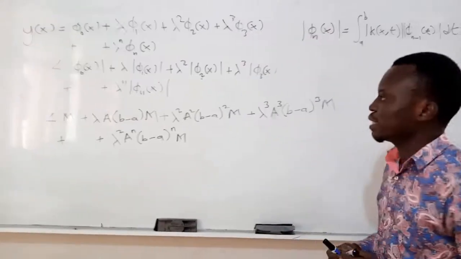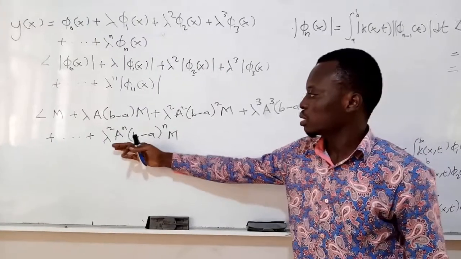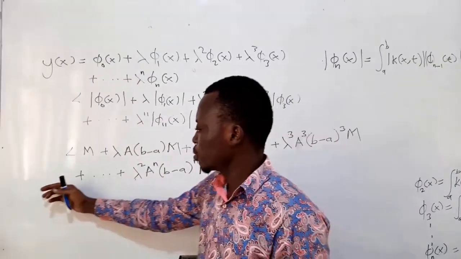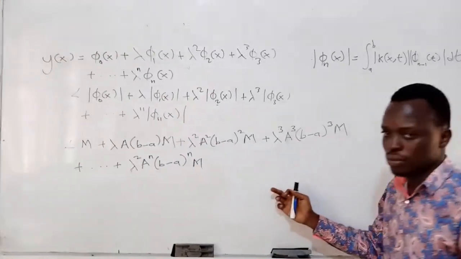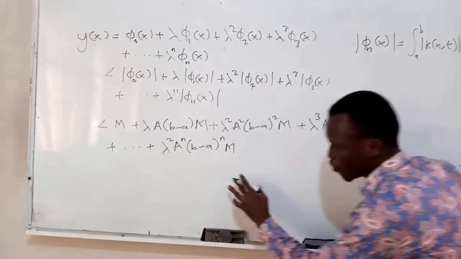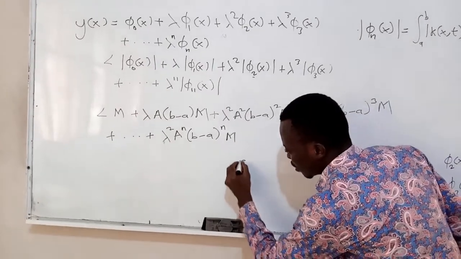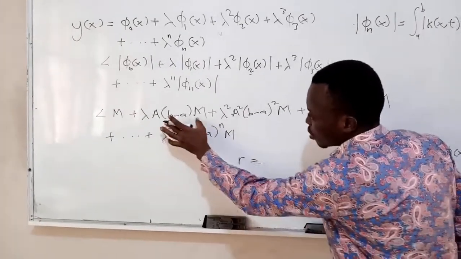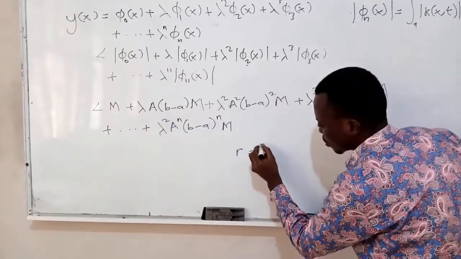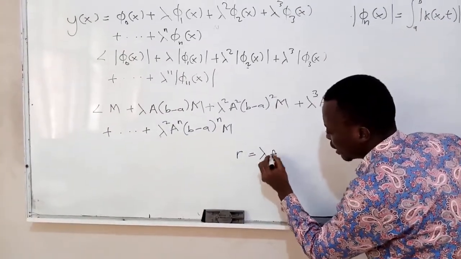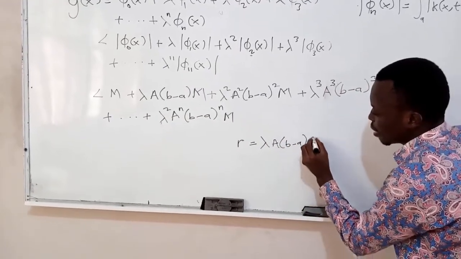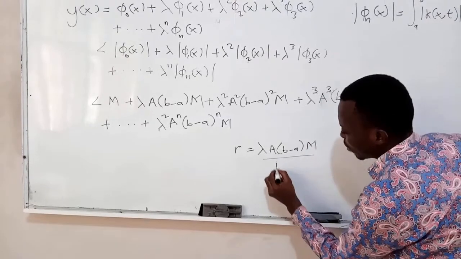If we check this series, you can see that this is a geometric progression. It's a geometric progression with a ratio. The ratio of progression is giving us r equal to this divided by the first term, lambda a, b minus a, m divided by m.